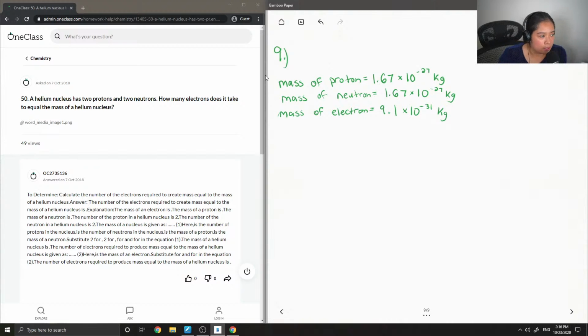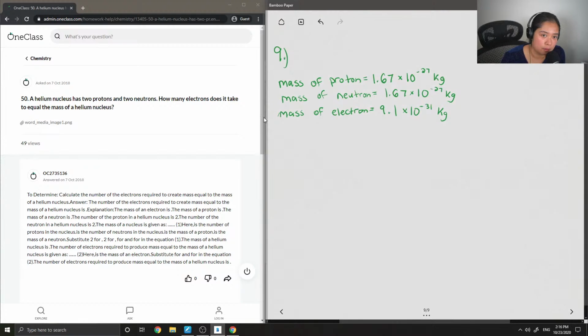So in the case of helium, the question says it has 2 protons and 2 neutrons.